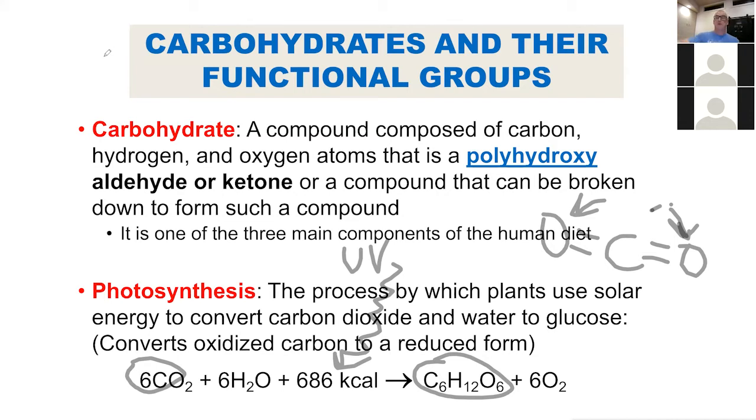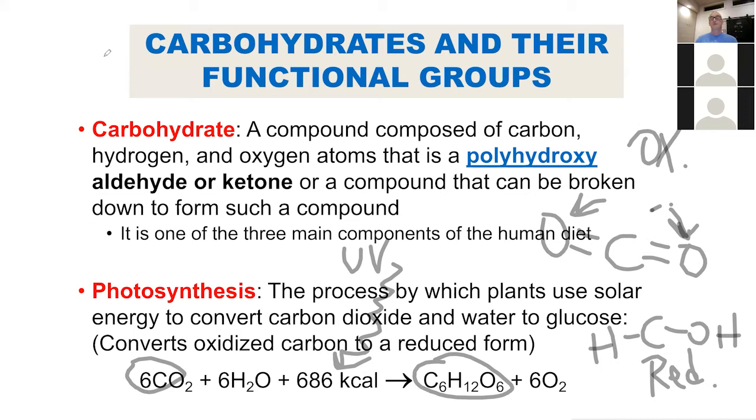And now it's singly bonded to oxygen in hydroxyls, or singly bonded to hydrogen. So it gets to keep a lot more of its electrons than it did before. And so it goes from what we call an oxidized form to a reduced form.